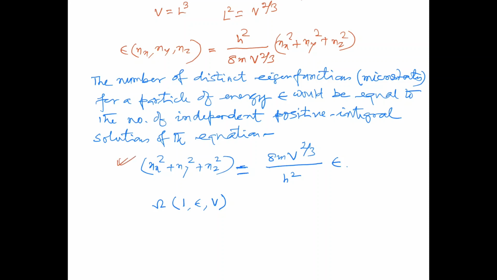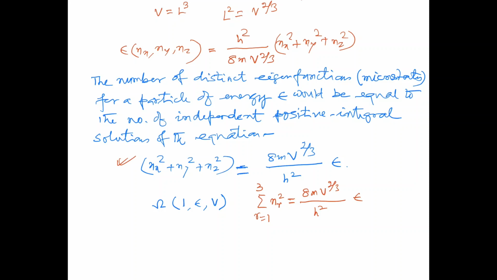As this is for a single particle, this can also be written as the sum of nr square over r from 1 to 3, because for a single particle there will be 3 degrees of freedom, and that is equal to 8m V to the power 2 by 3 divided by h square multiplied by epsilon.